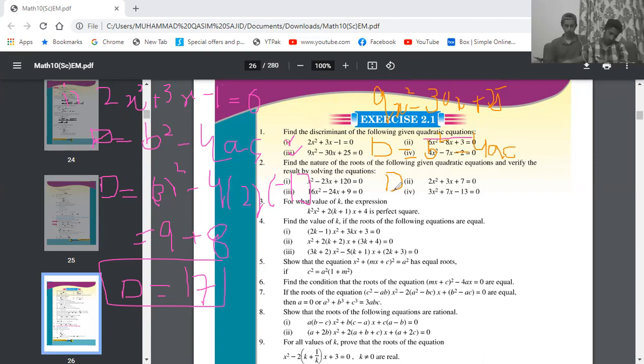So discriminant must be, the value of b is minus 30, so it must be minus 30 whole square minus 4, the value of a is 9 and c is 25.